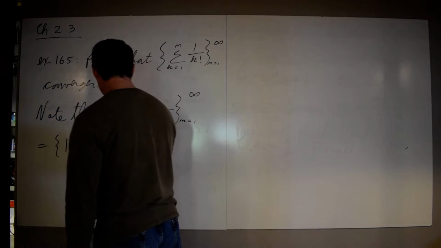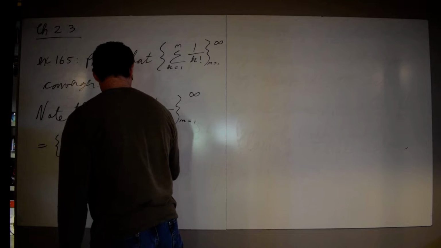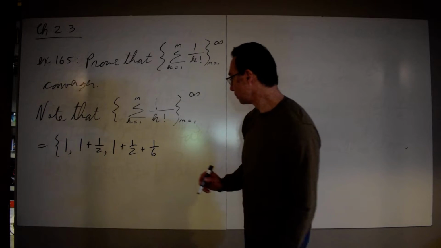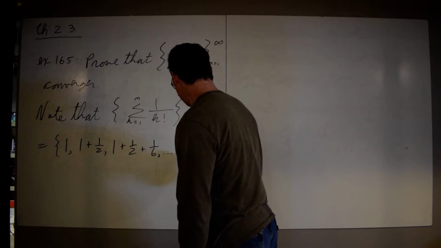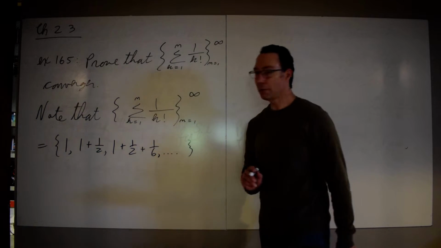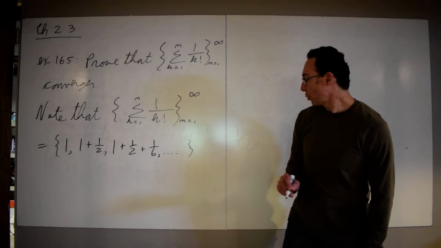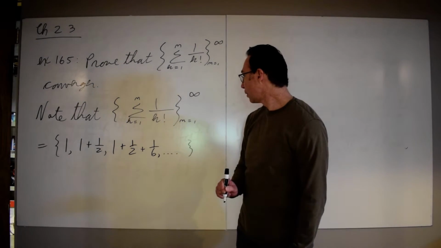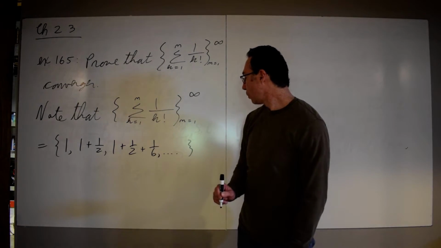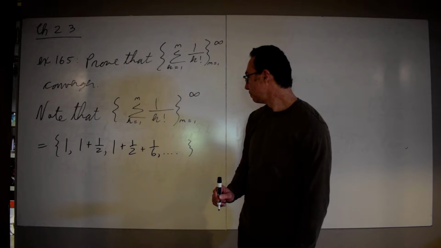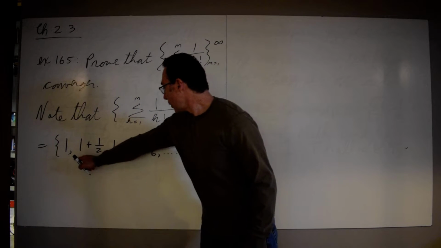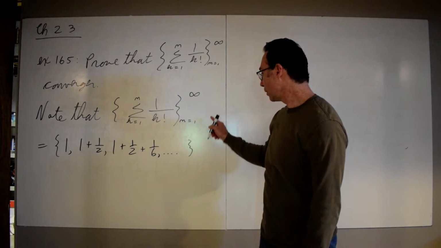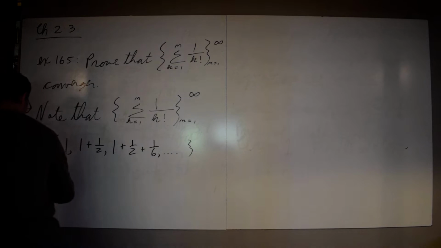The third term is 1 plus 1/2 plus 1 over 3 factorial. And you see that every term of the sequence is the previous term plus 1 over n factorial, whatever n happens to be. So we can tell just by looking at the sequence that it is increasing.